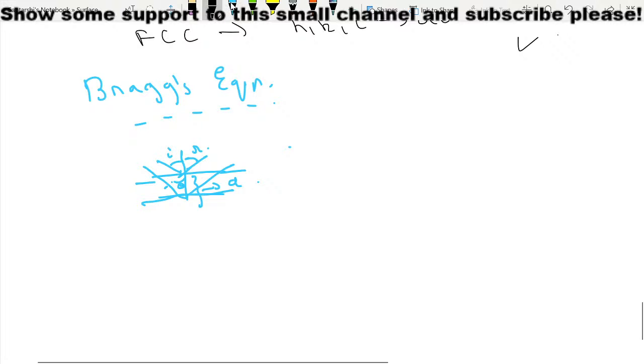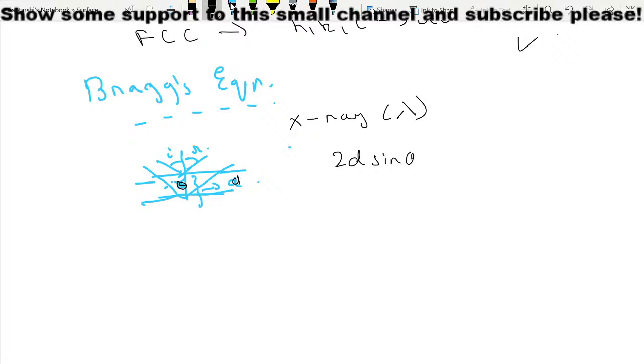You use an X-ray, which has a particular wavelength lambda. And Bragg gave a relation: 2d sine theta. So this is theta. This is d. Sorry, this portion only, not this portion. This distance is the separation between the two.